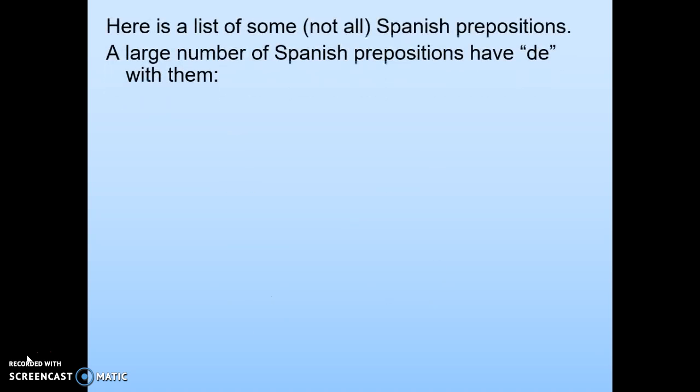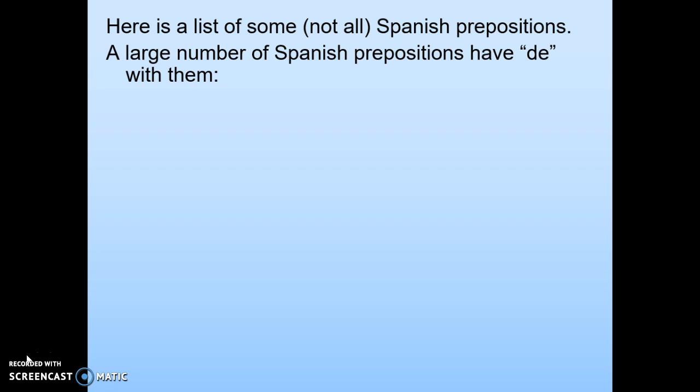Okay? Now, here's a list of some of the prepositions in Spanish. It's not all of them, but here's a large number of them, and a lot of them have de attached to them. So that's a good red flag anytime you see a word that has de attached to it, or is not necessarily attached to it, but you'll see in a minute.